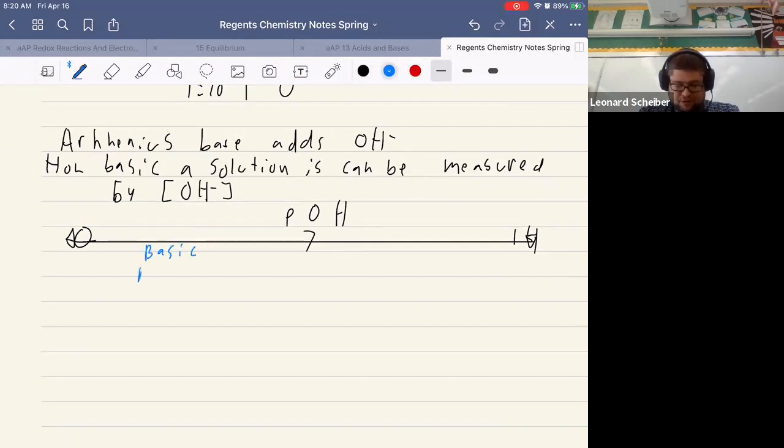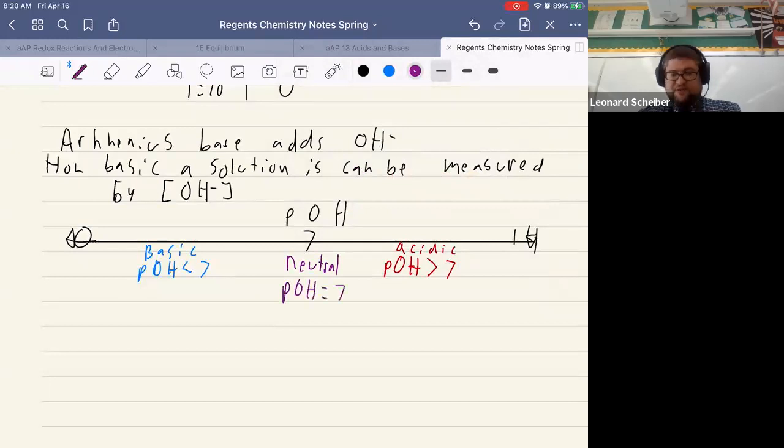So you're basic when pOH is less than 7, and you're acidic when pOH is greater than 7. And you are neutral when pOH equals 7. All right?